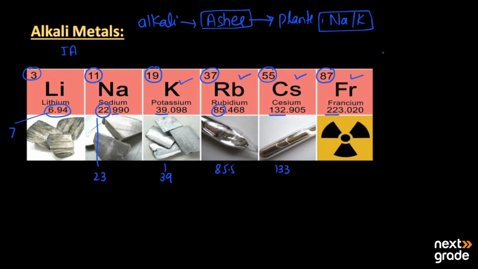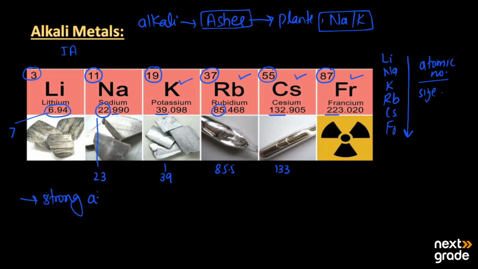It means that when we move down the group from lithium, sodium, potassium, rubidium, cesium, and francium, their atomic number increases. As their atomic number increases, their size also increases. They produce strong alkaline solutions when they get dissolved in water.